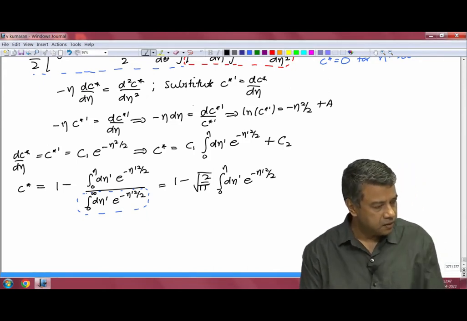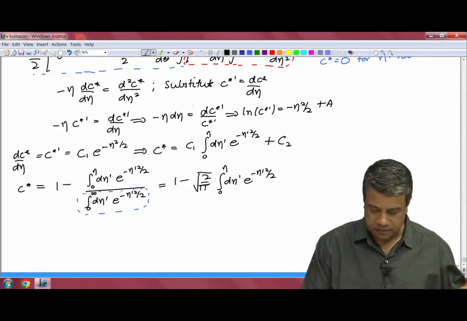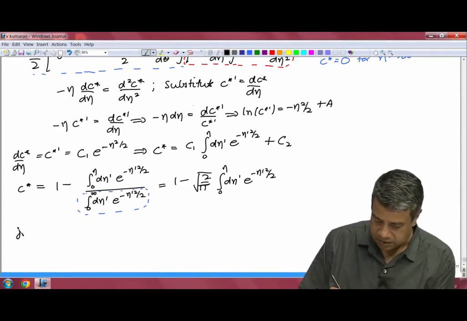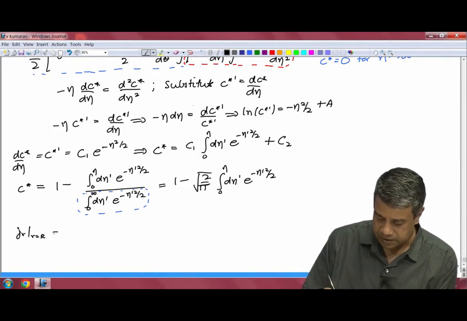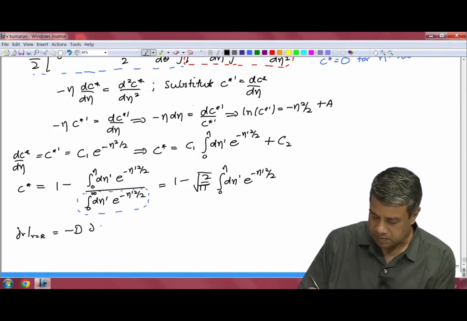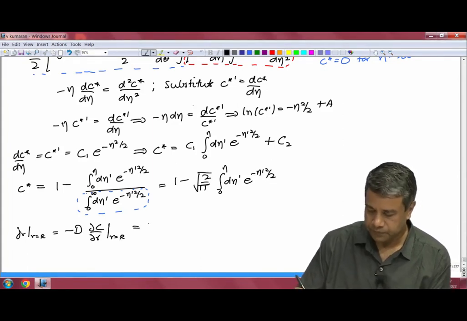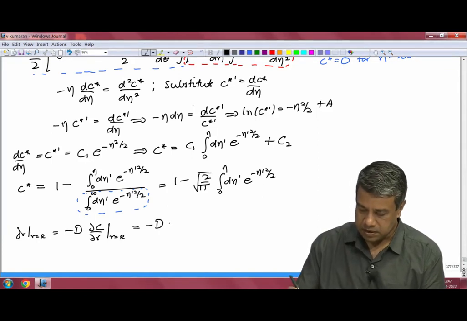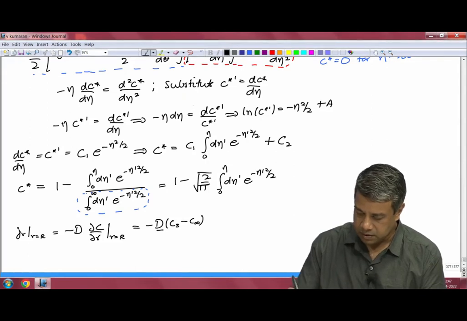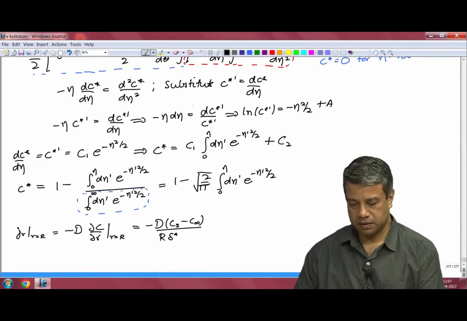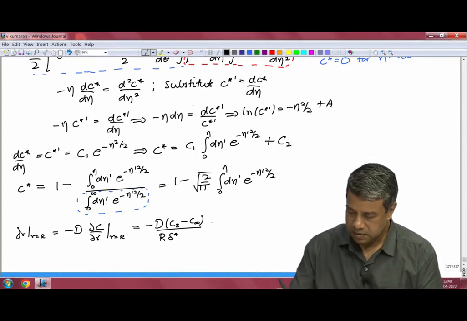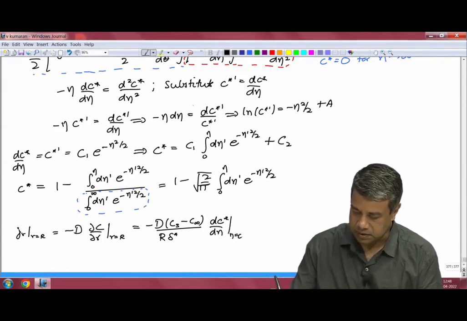What is the flux at the surface? The flux at the surface, J r at r equal to R, is equal to minus D times partial c by partial r, which is minus D into Cs minus C infinity by delta star times R, times dc star by d eta at eta equal to 0.